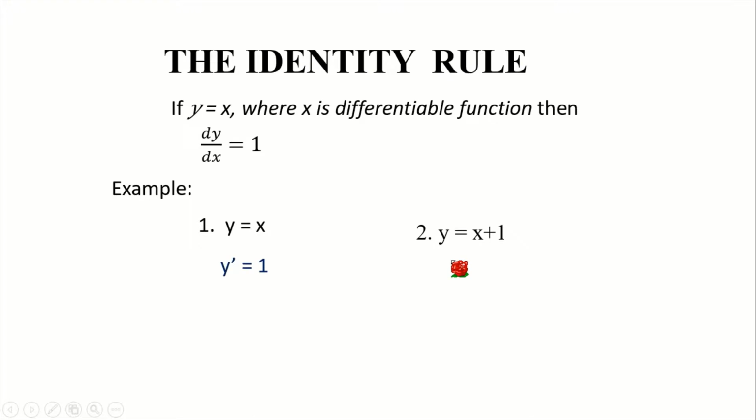So therefore, we have dy dx is equal to 1 from x. And since this is constant, so any constant, yung derivative niya is 0. Okay, so 1 plus 0 is 1. So therefore, yung derivative ng x plus 1 is 1. Okay? So, yun yung identity rule.